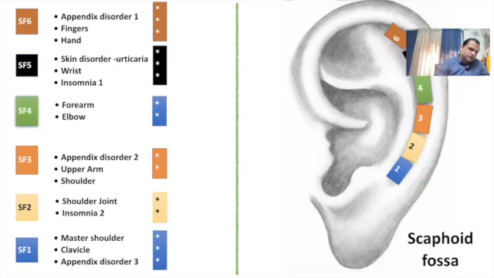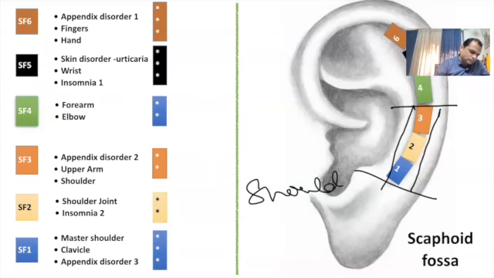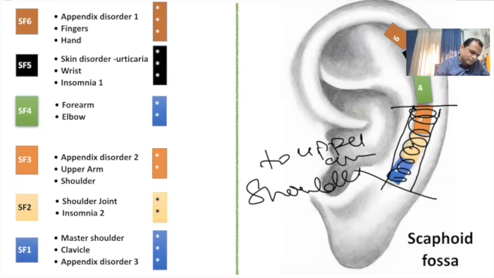तो चलिए एक बार फिर से देखते हैं. Let's see here. So from SF1 to SF3, this is the whole shoulder to upper arm. शोल्डर टू अपर आर्म. तो 3 में तो एल्बो के पहले की बात हो गई.